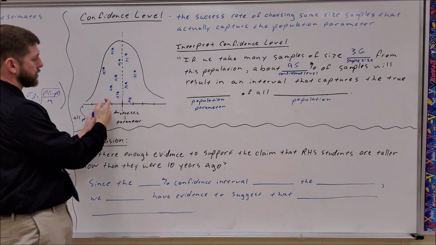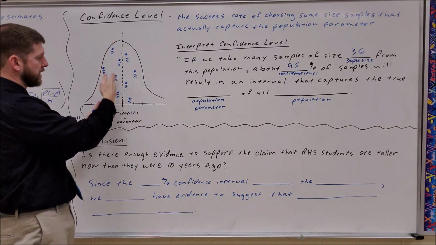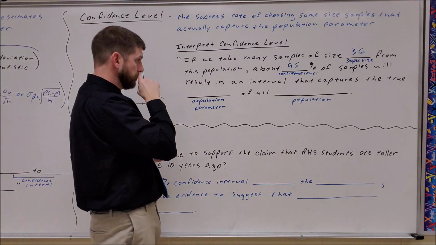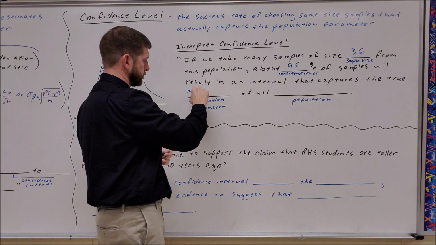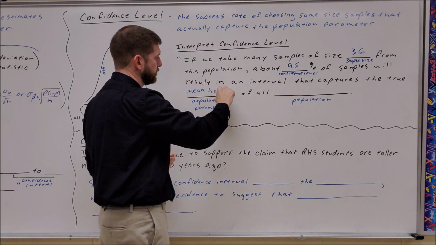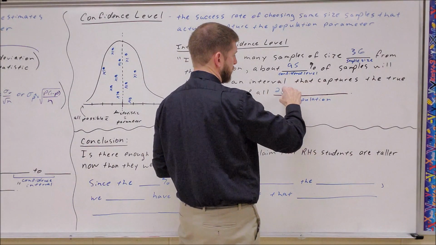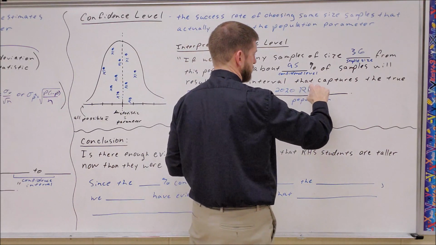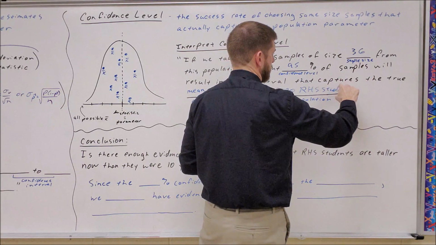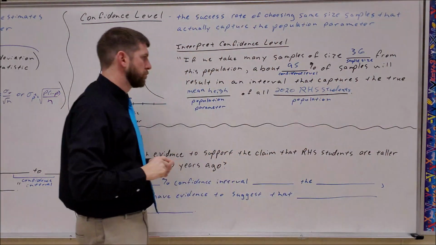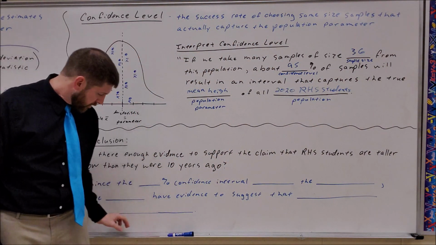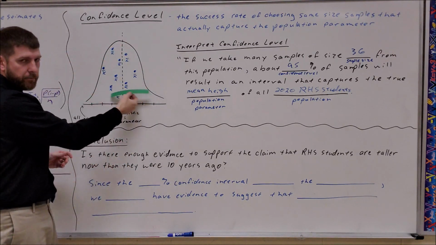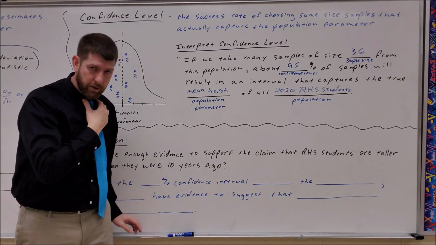So 95% of all sample means, so that's 95% of all samples, result in an interval that captures the true mean height of all 2020 RHS students. The true mean height of all RHS students. So I need to have a large confidence interval to capture more values.